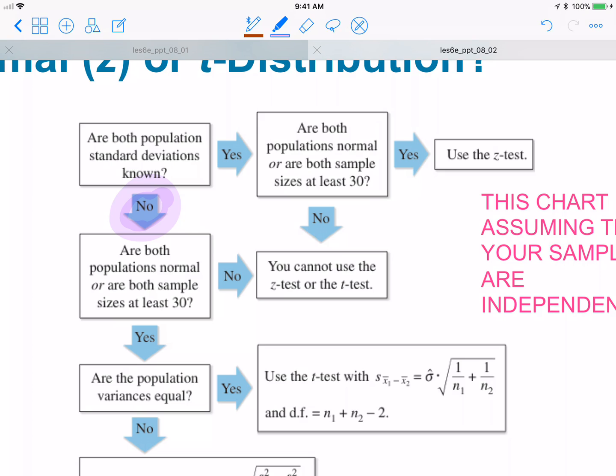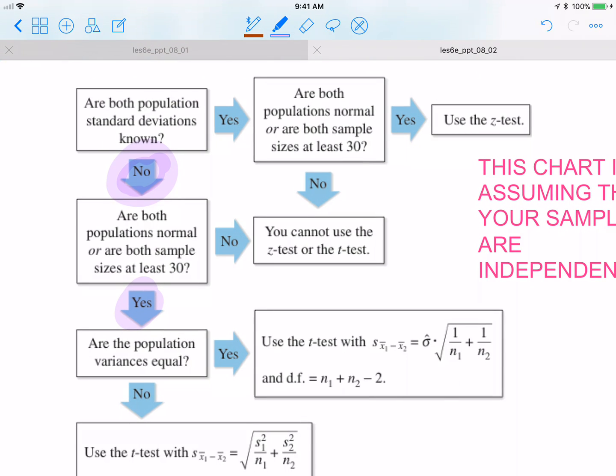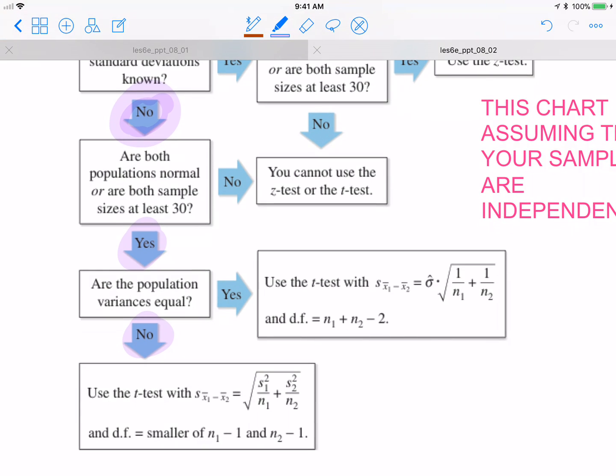Okay, are both populations normal? Yes. Okay, are the population variances equal? No, they're not equal. So then we need to use the t-test with, and now here's our formula for our standard error. Okay, and then also this is going to be our formula for the degrees of freedom.